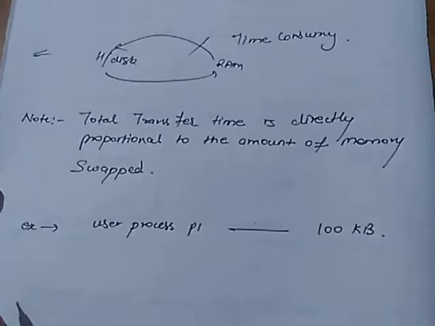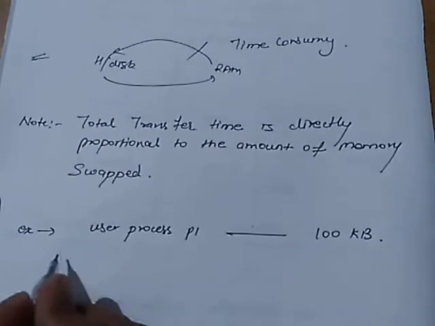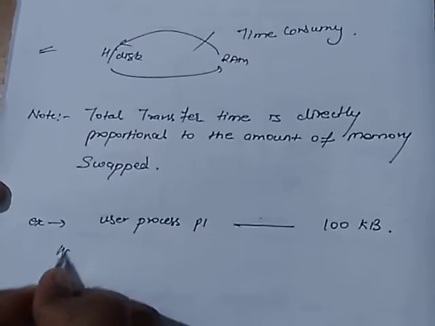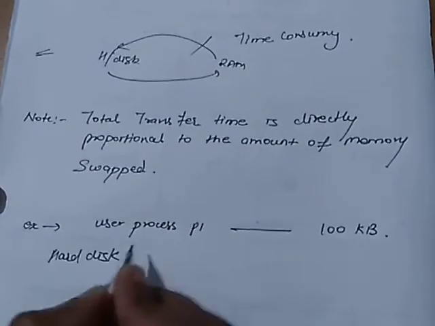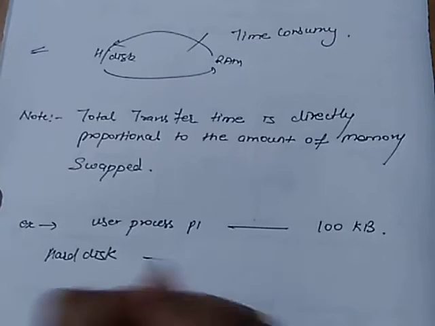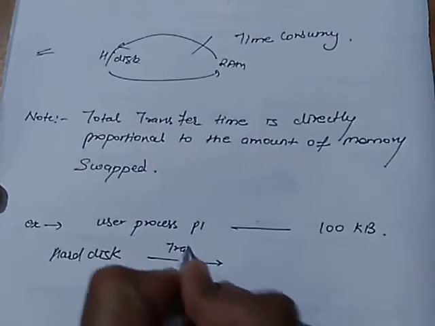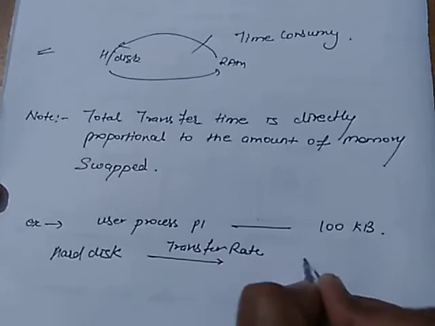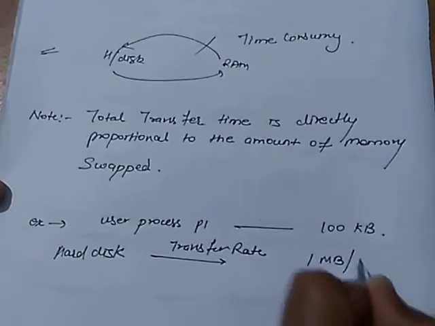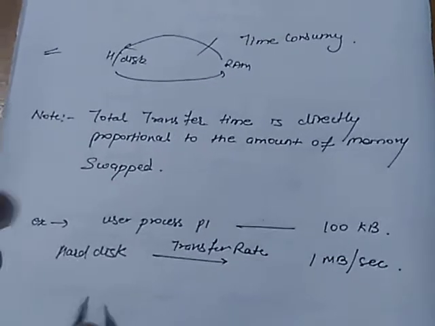We have a backing store, that is a hard disk, whose transfer rate is 1 MB per second.